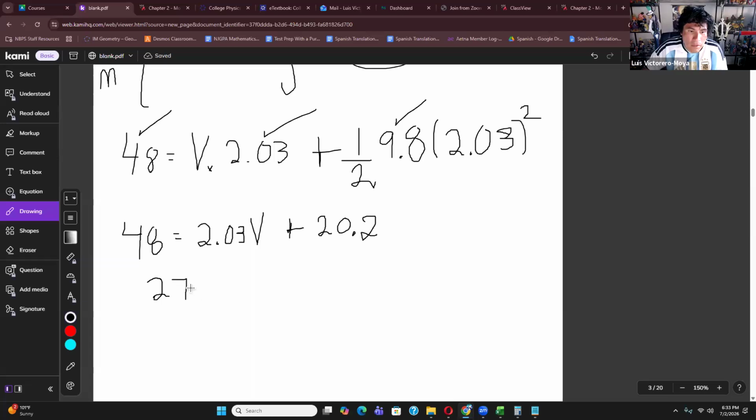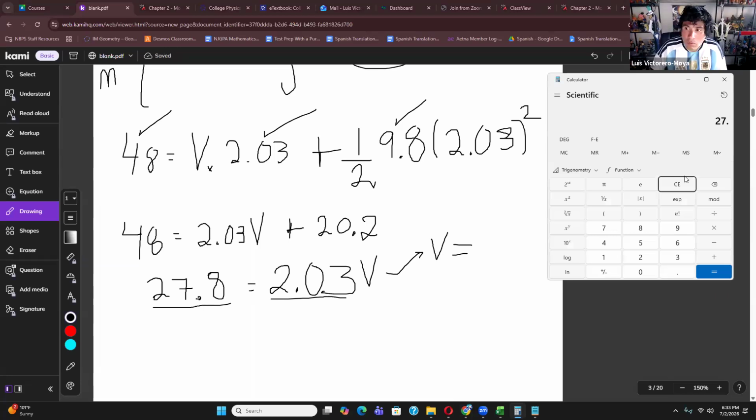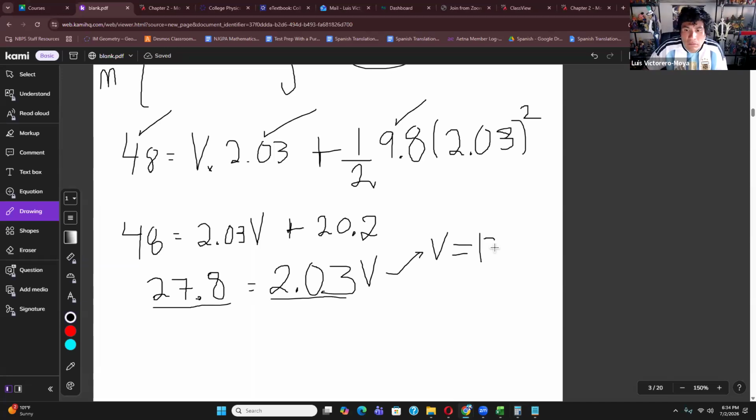Okay, 27.8. This minus that equals 2.03V. So V is this divided by this. 13.7. Way more than the previous one. Look how much more, right? The difference, just because of the 1 second delay.